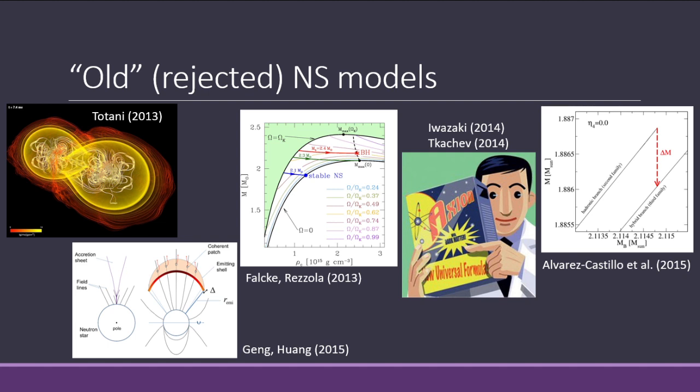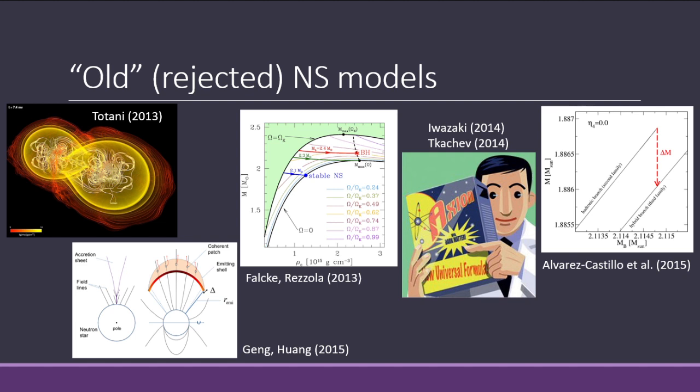And deconfinement. Deconfinement is a very interesting process. You know that protons and neutrons are made of quarks. And in a normal world around us, there are no free quarks. They are all confined in protons and neutrons. But in neutron stars, density is very high.